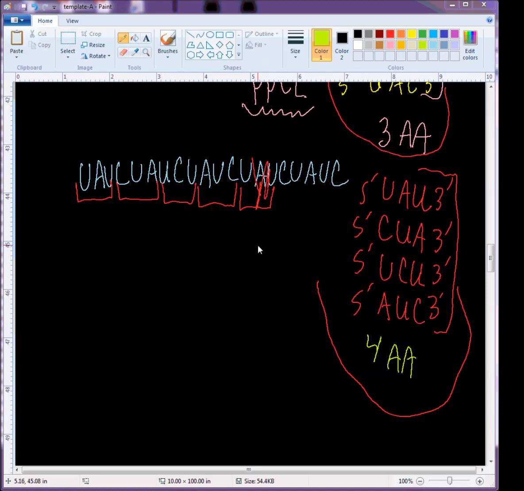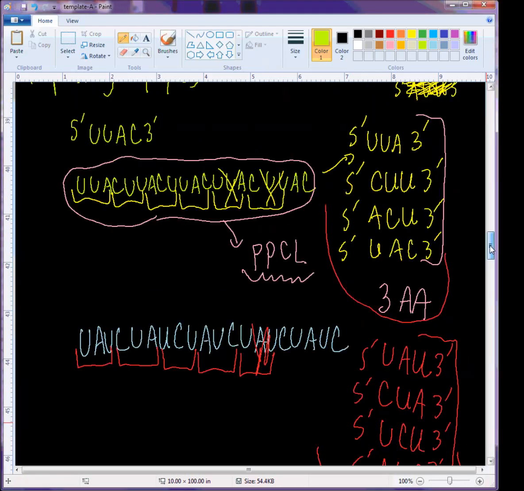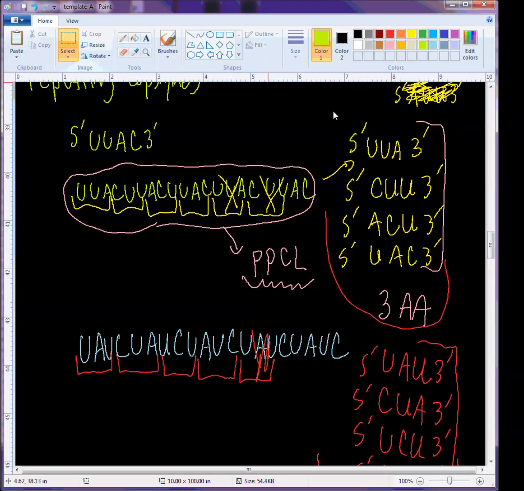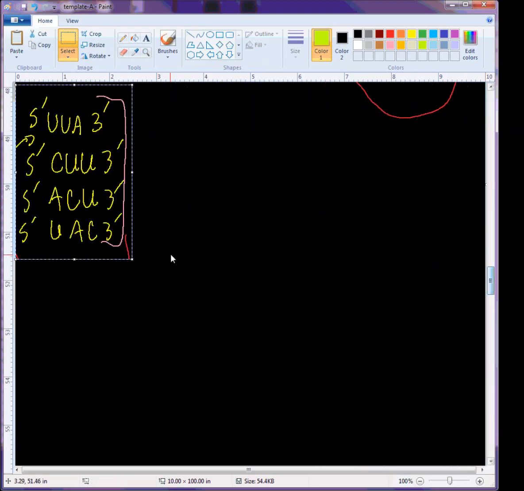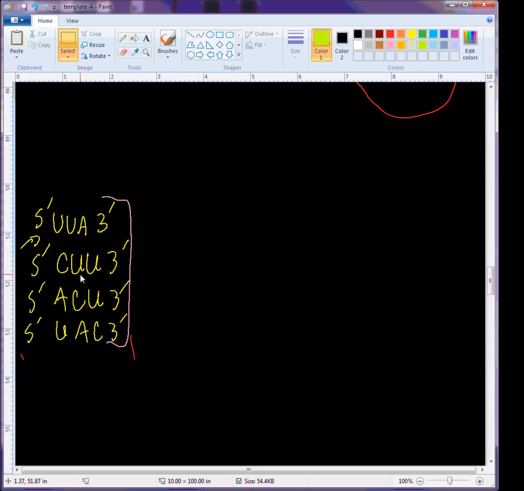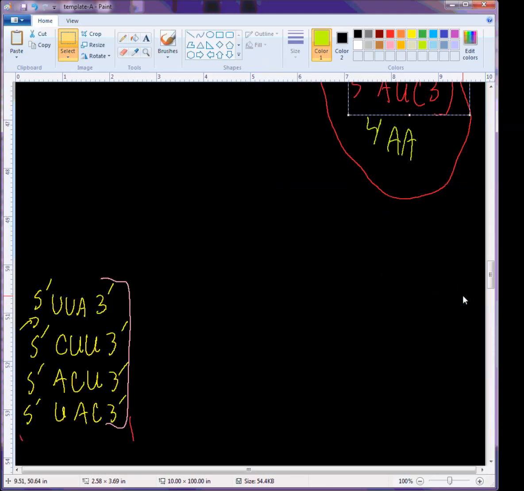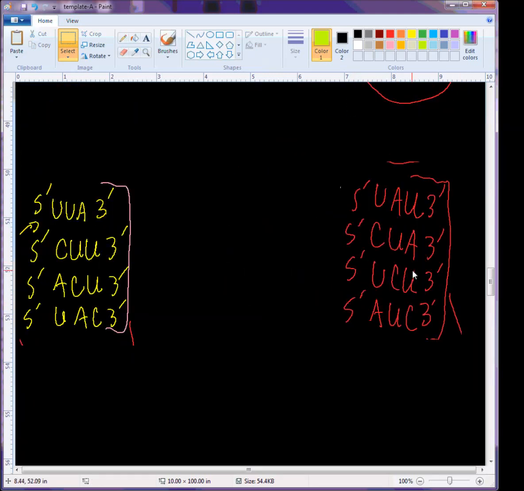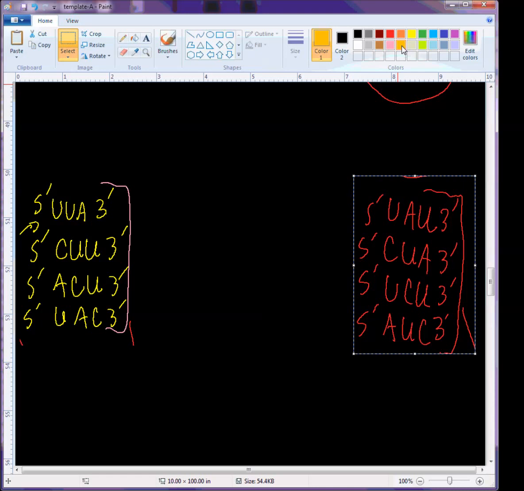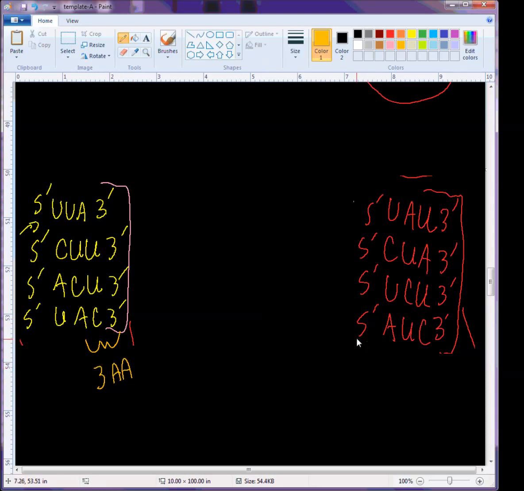So let's take a look at that. I think the easiest thing for me to do would be to copy. These are the codons from the first repeating copolymer. I'm going to put those right here. And these right here are the codons from the second repeating copolymer. I'm going to put those over here. Now remember, the question told us that these on the left lead to 3 amino acids being incorporated into protein, and these over here lead to 4.